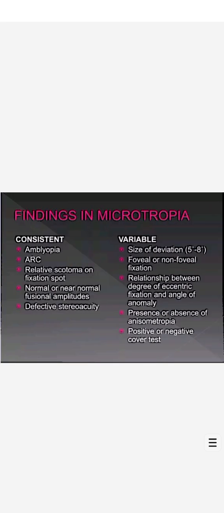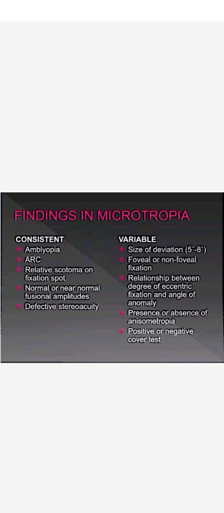Type 3, eccentric fixation with identity, implies that the angle of anomaly is the same as the eccentricity of fixation. Findings in microtropia: consistency and variability. Consistent are amblyopia, ARC, relative scotoma on the fixation spot, normal or near normal fusion amplitude, and defective stereo acuity.